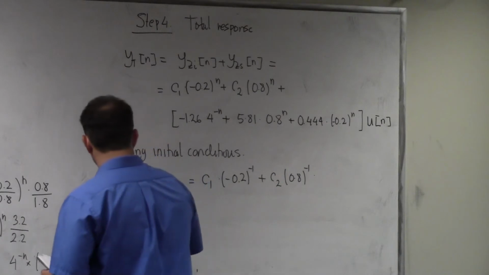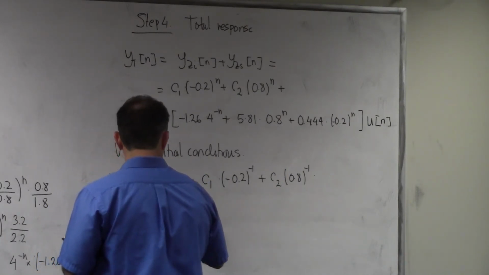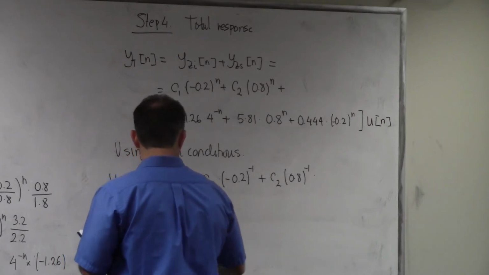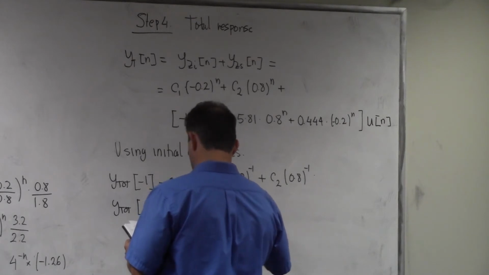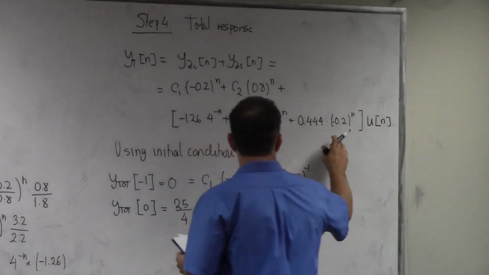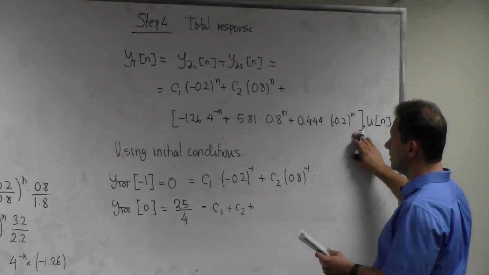And then if I apply y total at 0, which is 25 over 4, I end up at C1 plus C2 plus, now when I substitute 0, all of these are now contributing.